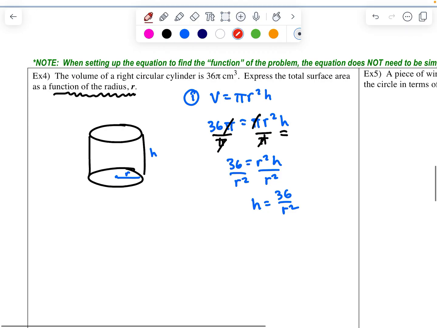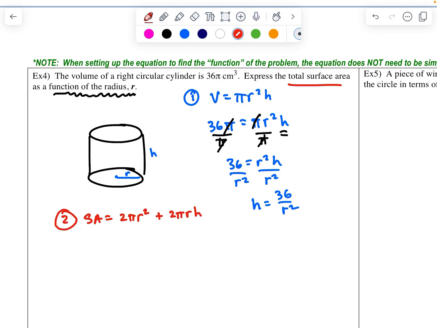The second equation that I need has to do with surface area. Surface area, I gave this one to you, is 2 circles, so 2 pi r squared, plus the circumference, 2 pi r h. Now that I have this, I am going to take my h value that I solved for over here and plug it in.